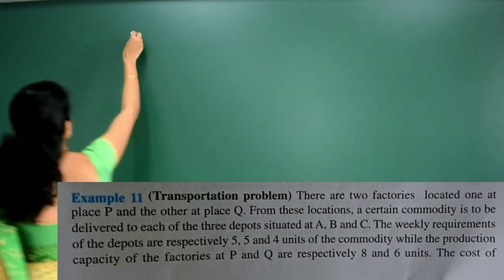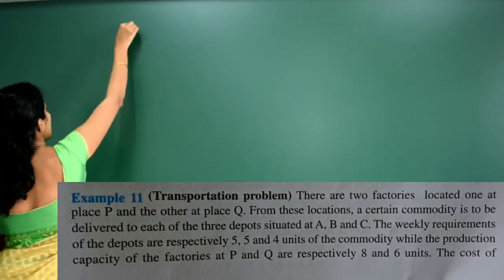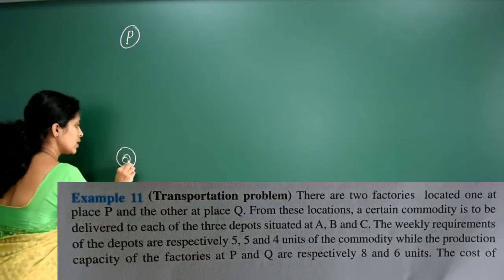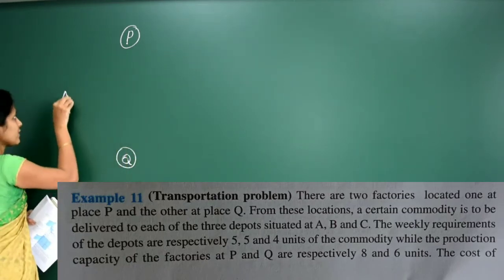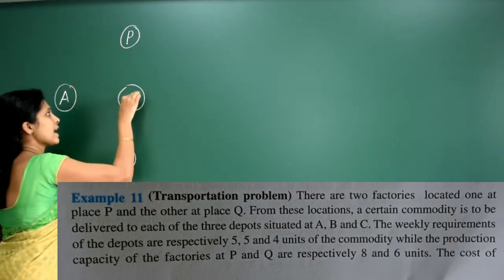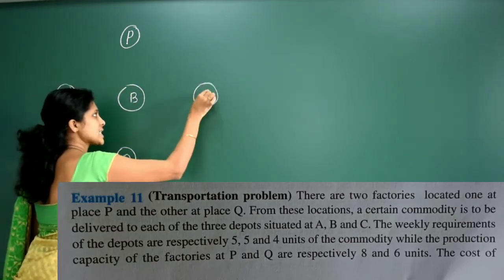We'll consider this is the factory P and this is the factory Q. Now three depots are there. We'll consider this is depot A, this is B and this one is C.